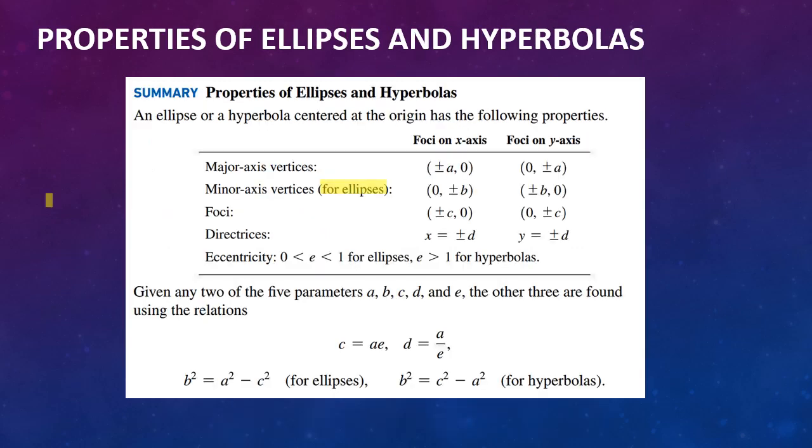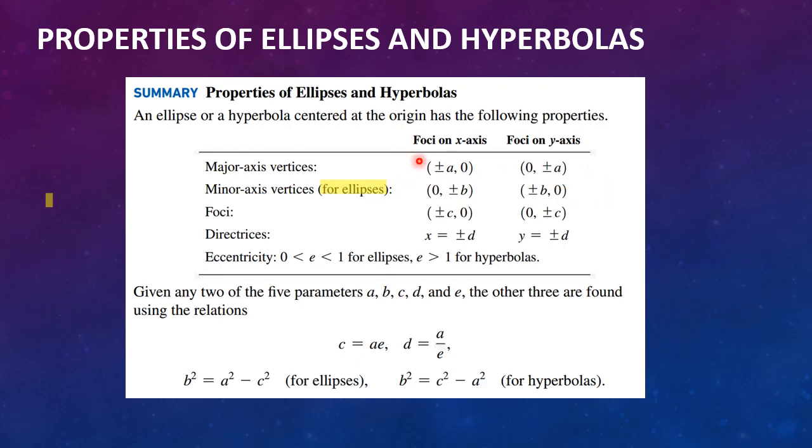So this is a nice summary of properties of ellipses and hyperbolas, and it also gives us the calculations for ellipses and hyperbolas using the eccentricity-directrix approach and variables. All of the stuff up here we already know. If the foci are on the x-axis, this is true. Notice that there is no minor axis for hyperbolas, only for ellipses, so this only applies to the hyperbolas.